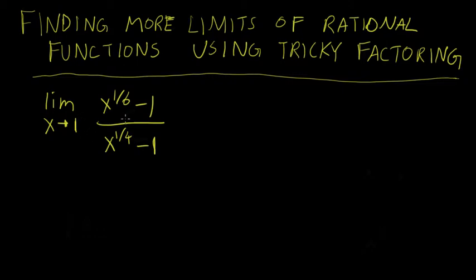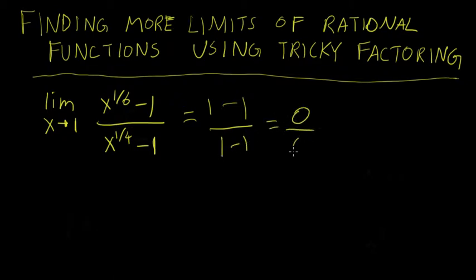And again, as in all videos, you'll look first to see if you can quickly get an answer by seeing what happens to each of these terms as x gets close to 1. As x gets close to 1, x to the 1/6 gets close to 1. Take off 1, you have 0. And as x gets close to 1, x to the 1/4 gets close to 1 as well, because that's the fourth root of 1.